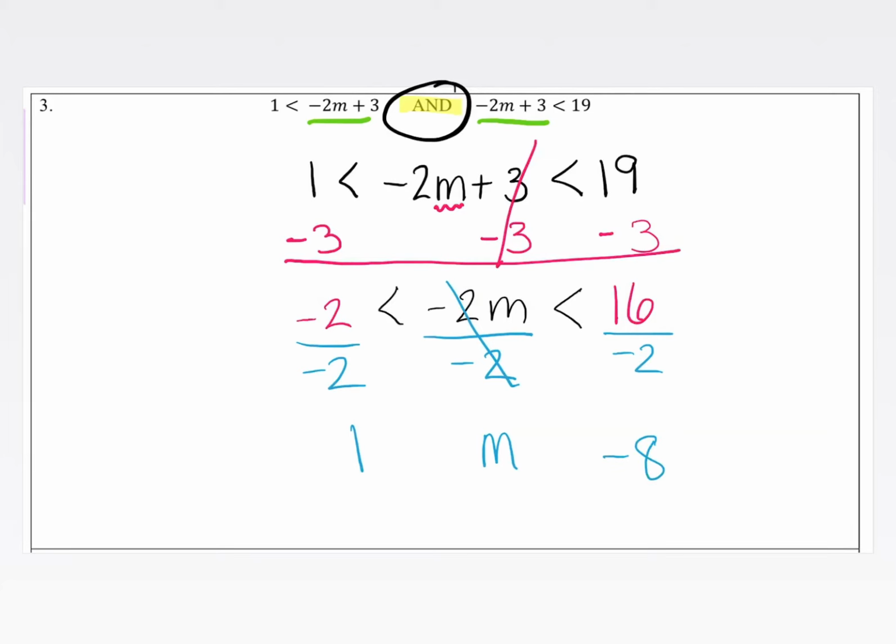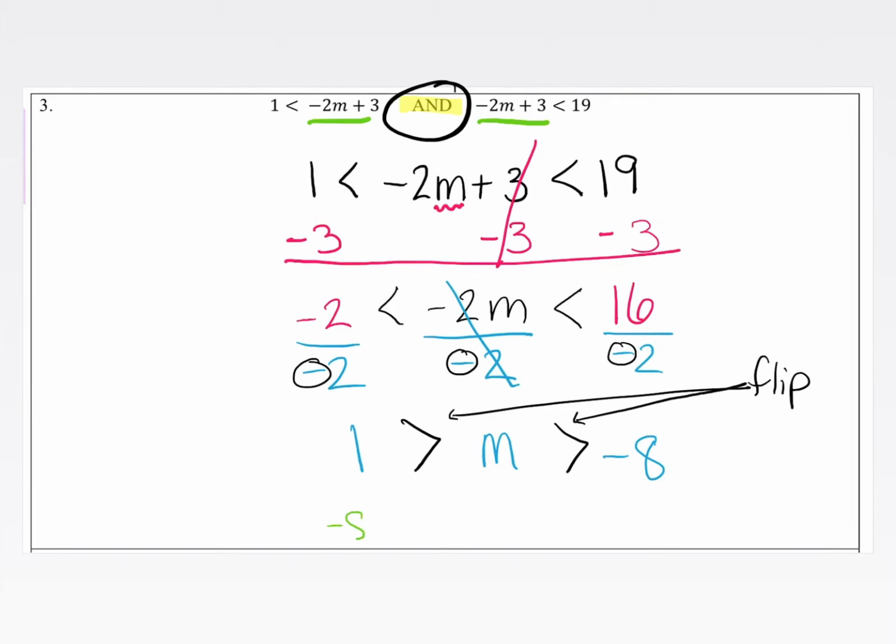But what I do need to do is flip my inequalities, because I divided by that -2 here. So another way that we could rewrite this, since this is 1 is greater than m is greater than -8, this is the same thing as -8 is less than m, which is less than 1.